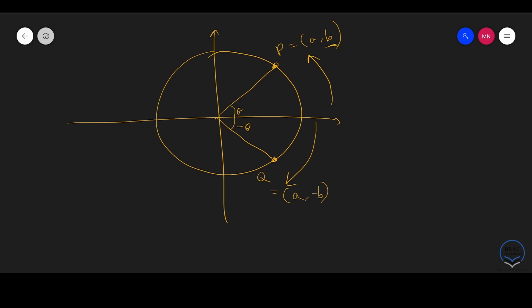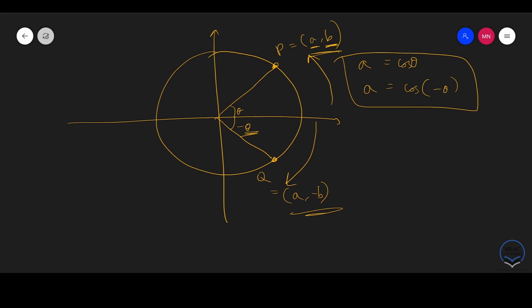We know that the y coordinates correspond to the sine function, and the x coordinates correspond to the cosine function. So using this coordinate, a is equal to the cosine of theta, and from this coordinate, a is also equal to the cosine of minus theta.